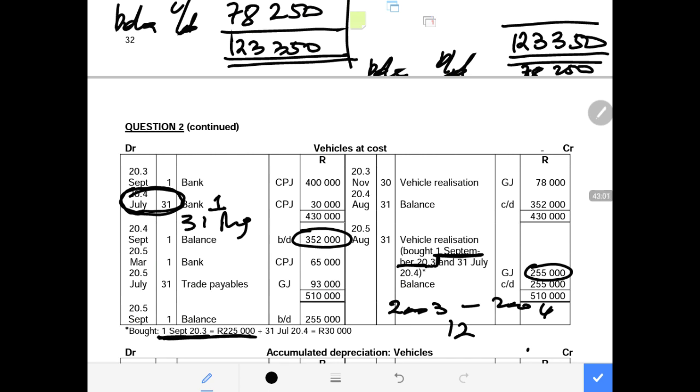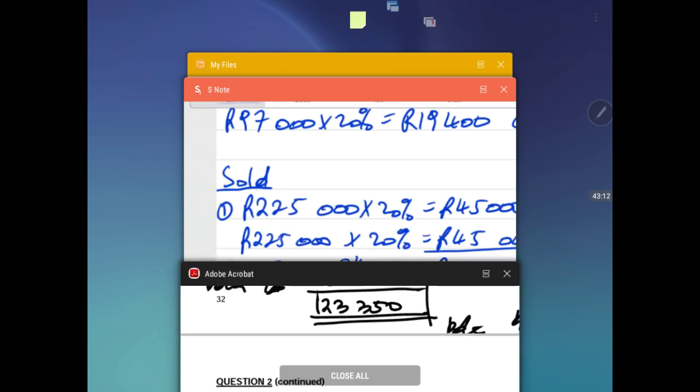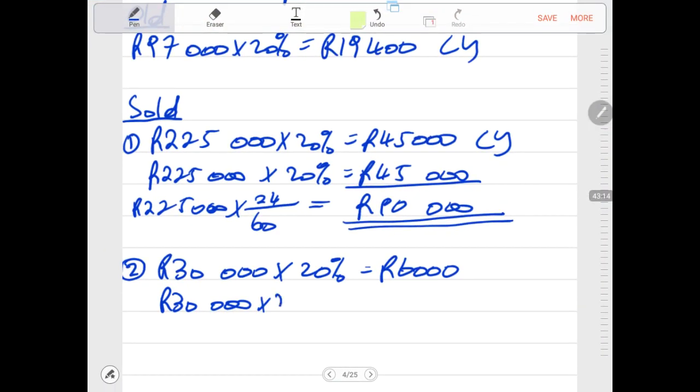Then we started 1st September 2004, which ends 31st August 2005, which is our current year. So now we only need depreciation for the previous year for this asset, only for 1 month. So we do that: we multiply by 20%, we multiply by 1/12.